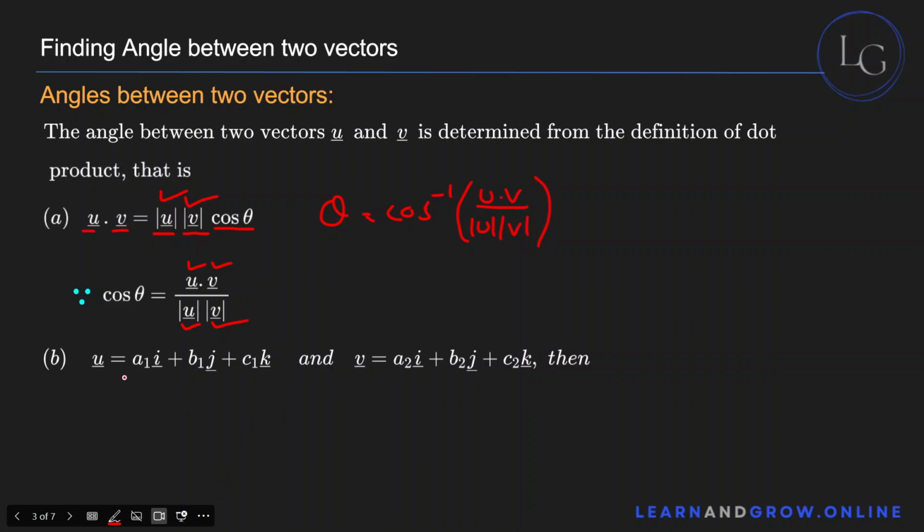So if you have a vector u, let's say it's a1i plus b1j plus c1k, and v is a2i plus b2j plus c2k, then u dot v is equal to a1 into a2 plus b1 into b2 plus c1 into c2.